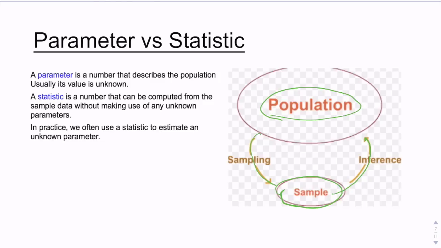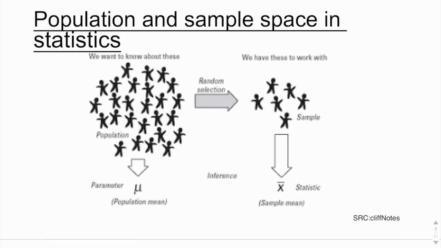So this is another example. We have this entire population here. As I said, these are people, but there could also be non-human beings, some other things.